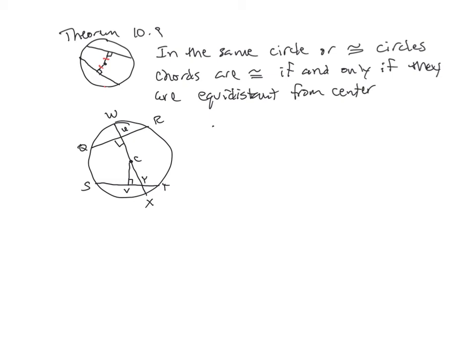So it tells you that QR equals ST, which is 16. So it gives you a distance. CU is 2x, and CV is 5x minus 9. And the problem says find the radius.